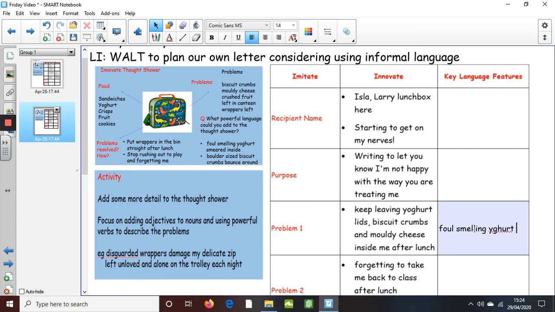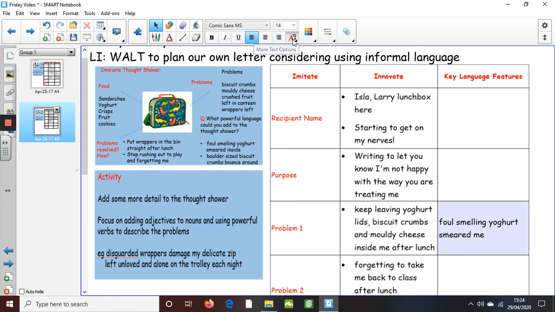And to come up with a good verb, we might use the word smeared, which means to cover. So foul smelling yogurt, smeared inside. Smeared inside. Okay, yeah. So that's what we might be saying.